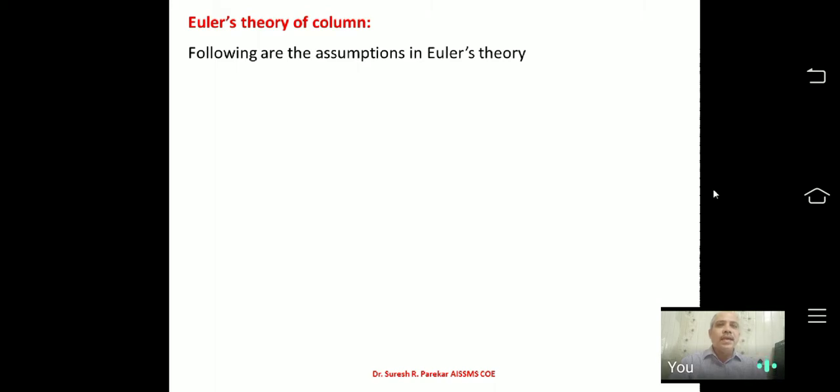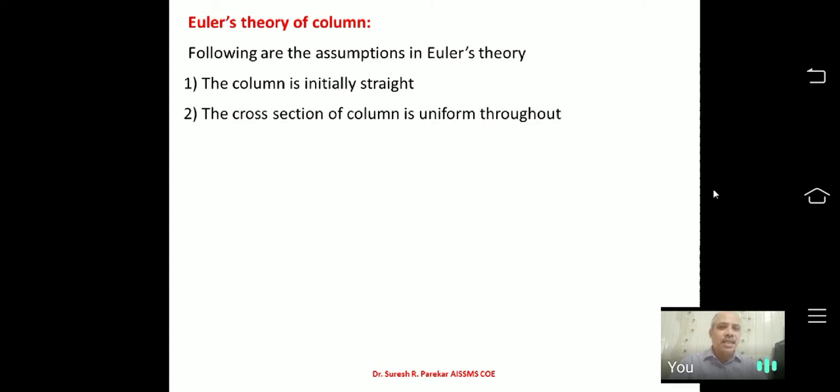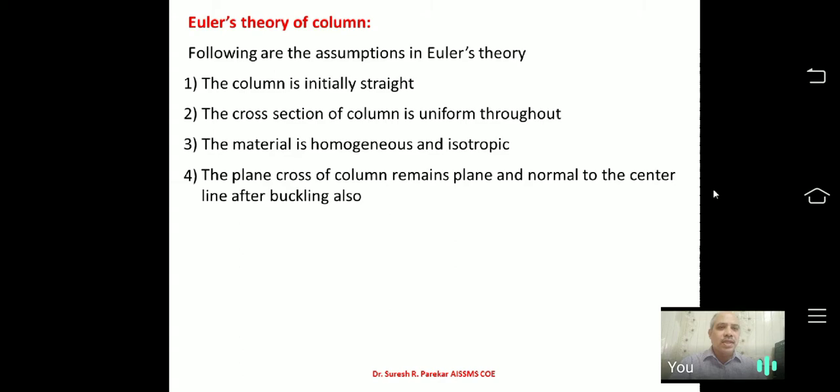Now Euler's theory, so we have the following assumptions. Assumptions are generally the same, as in bending stresses and shear stresses. The column is initially straight. The cross section of the column is uniform. The material should be homogeneous. Plane cross section remains plane after buckling also. Stresses are within elastic limit.